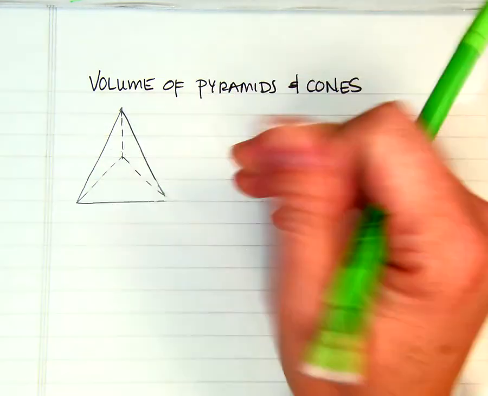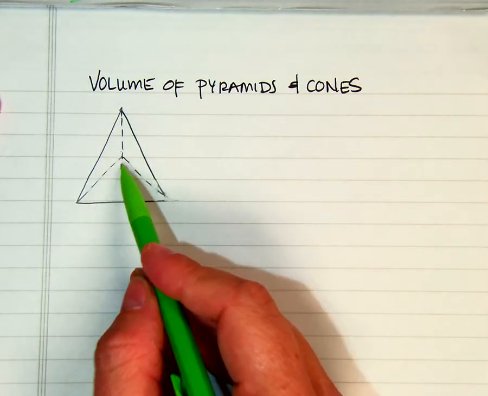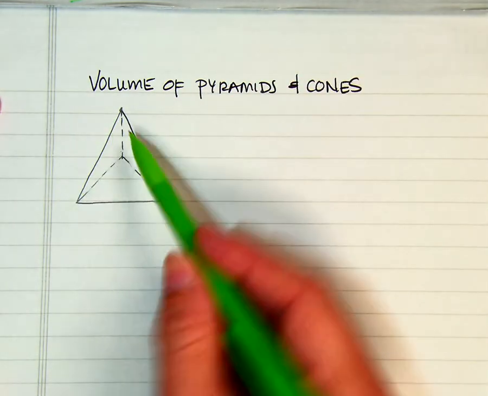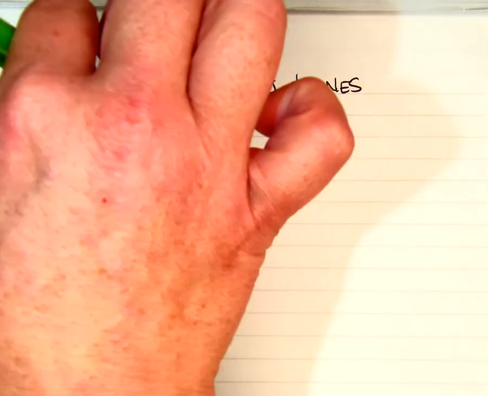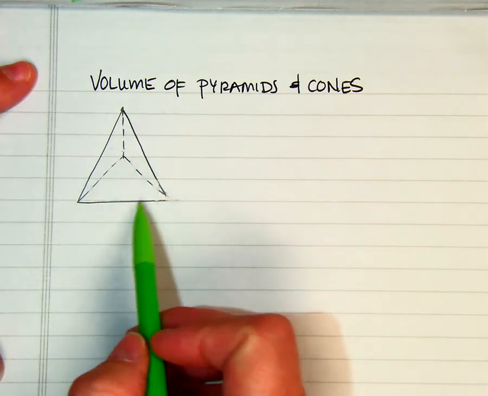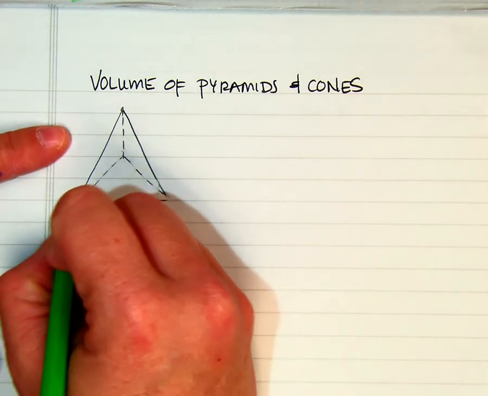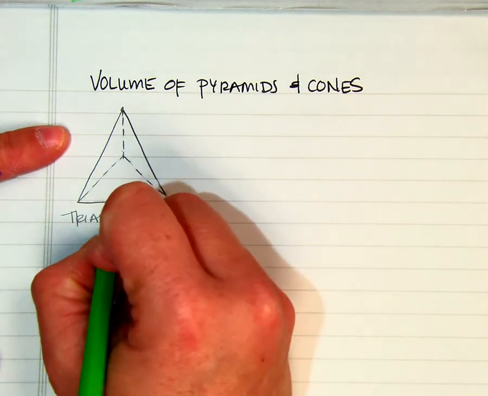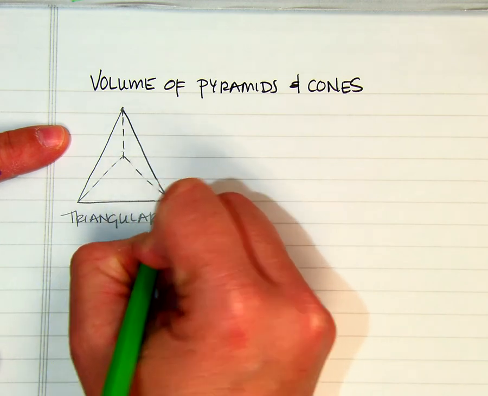Okay, so you would have a polygon base, and then all the faces of the sides would meet at one point. So you could have a triangular pyramid, and when it says triangular pyramid, that's telling you that the base is a triangle.